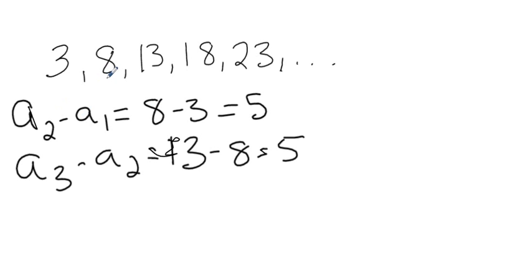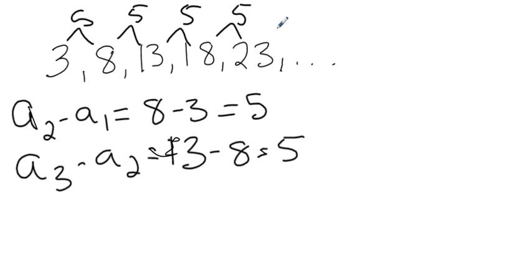What we did here is we found the difference between two successive numbers in our sequence. Now, if that difference is all the same, the difference between these two numbers is 5, here's 5, 5, and 5 again. If that difference is the same, that is said to be a common difference.